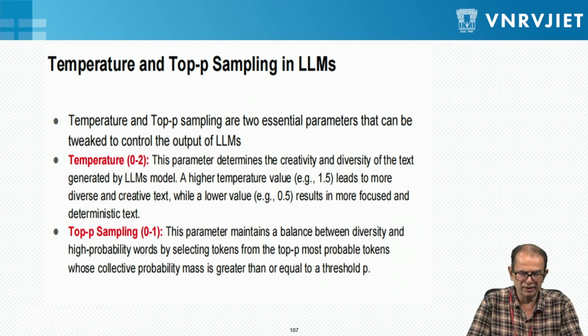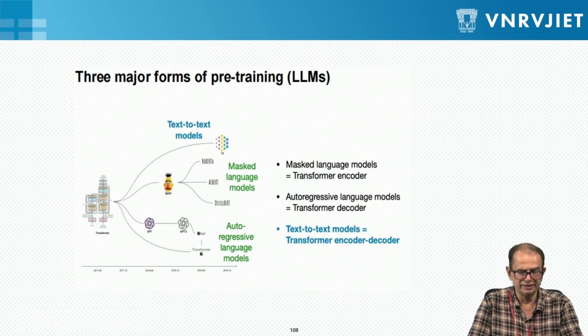Then we also need to have the top P set from 0 to 1, which is basically the probability, and the temperature we need to set from 0 to 2.